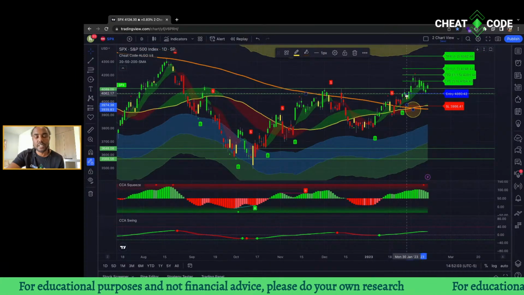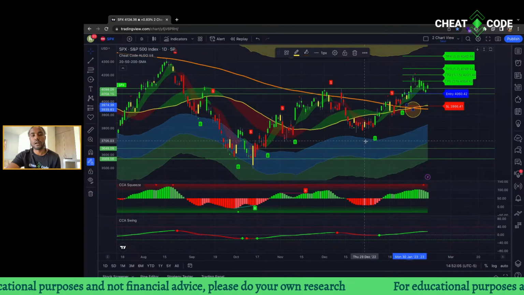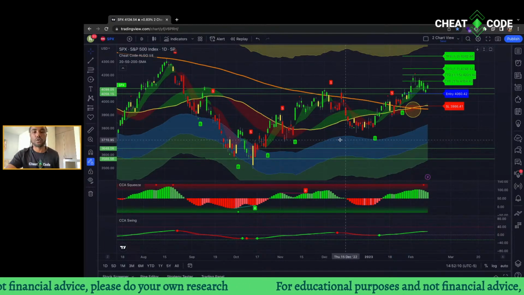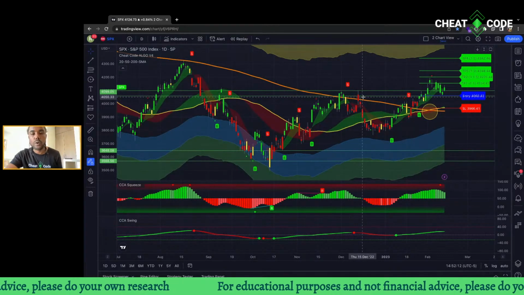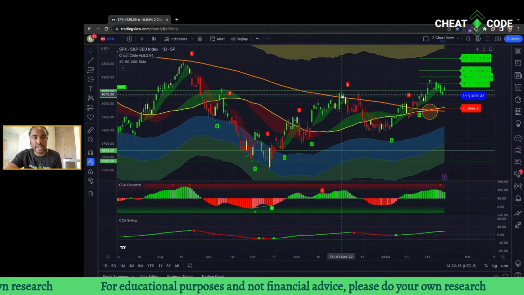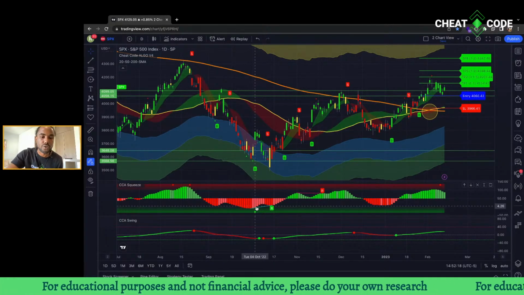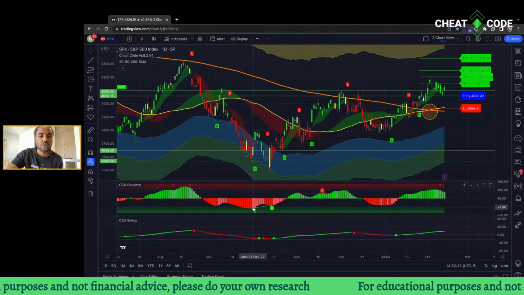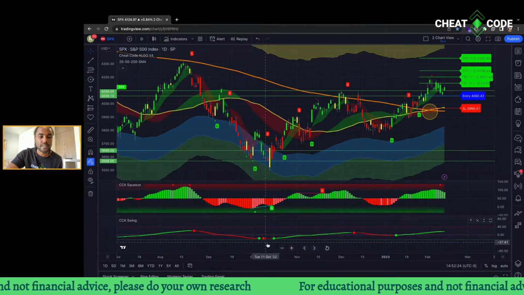These green lines here, this is what I talk about when it comes to supply and demand areas. We're not necessarily looking for the reversal on the dot, but we want to know where there is an area of weakness. And you also want to match that up with your squeeze and your swing. If we're coming into demand down here, what is my squeeze telling me? What is my swing telling me?